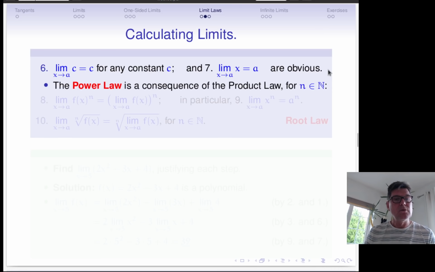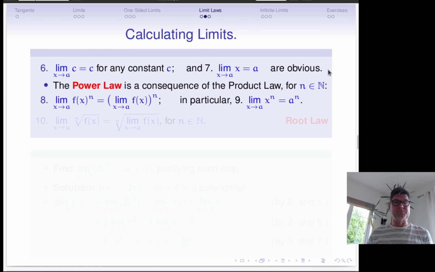Then one more ingredient, the power law. As a consequence of the product law, applied n times, or a couple of times, as much as necessary. Now f of x to the power n is f of x multiplied with itself n times.